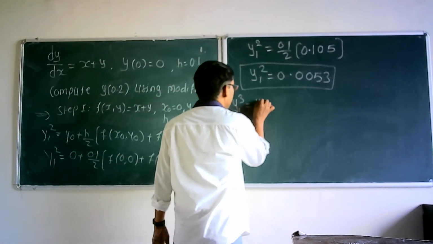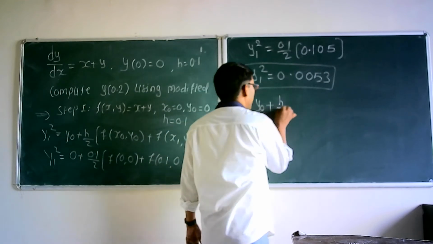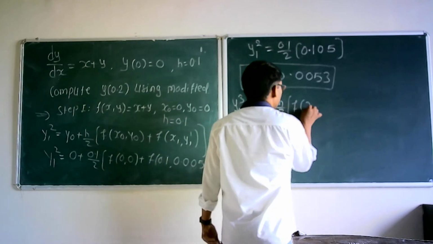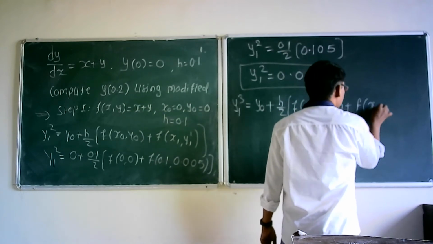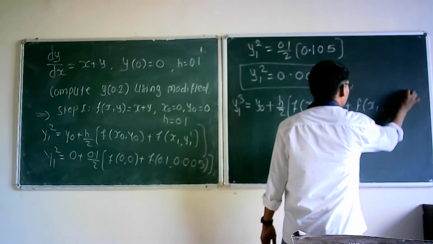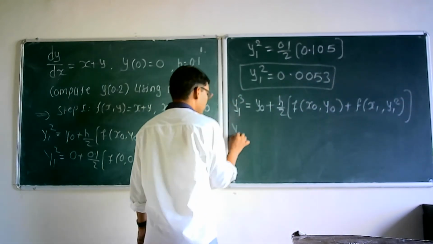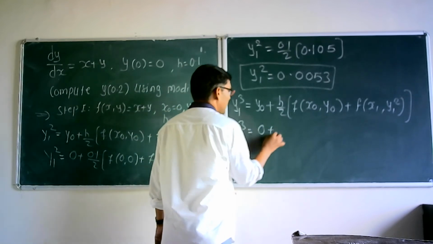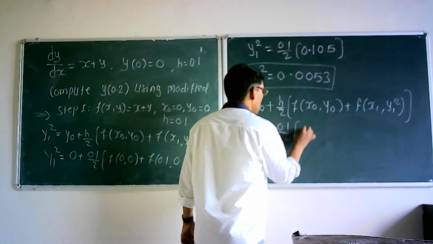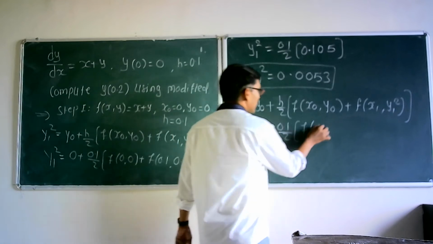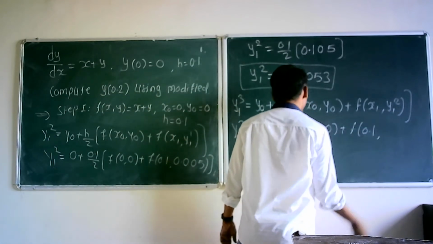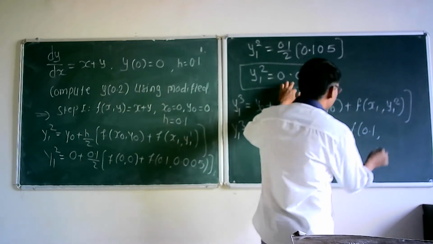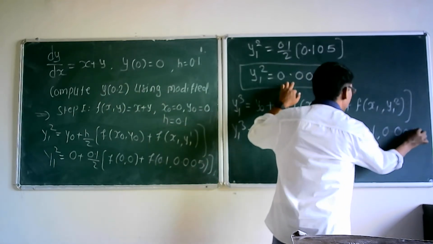What is y13? y0 plus h by 2 into f of x0 y0 plus f of x1 y12. So y13 is equal to 0 plus 0.1 by 2, f of x0 y0, that is 0, plus f of x1 is 0.1 and y12 we just found, 0.0053.